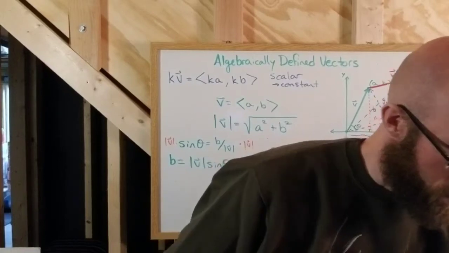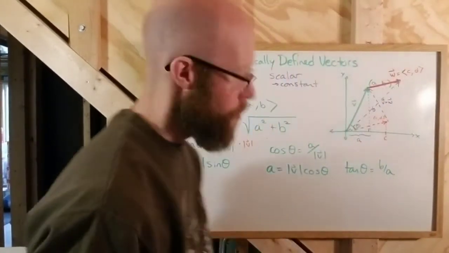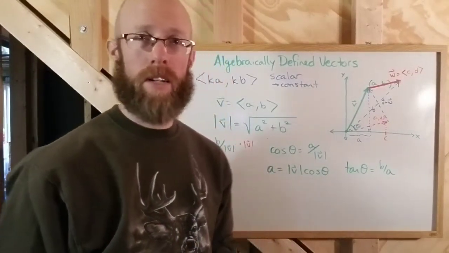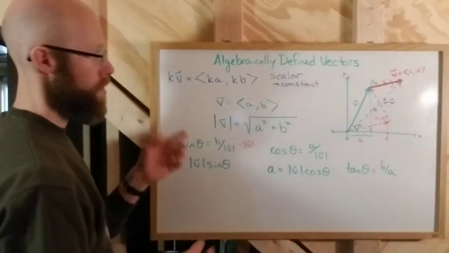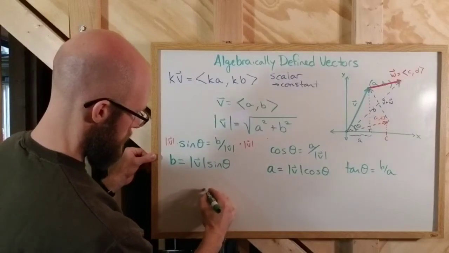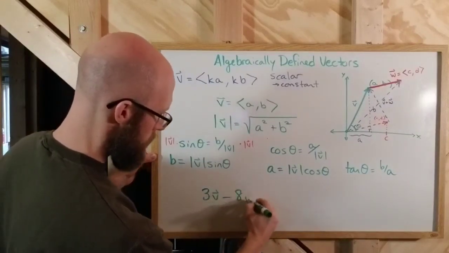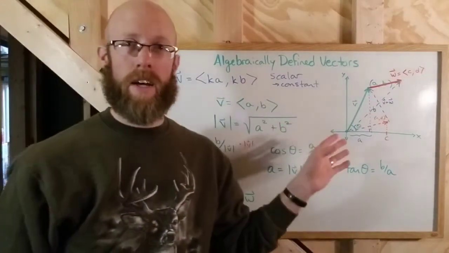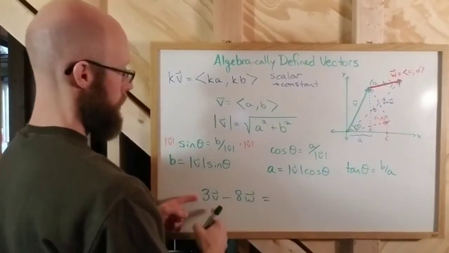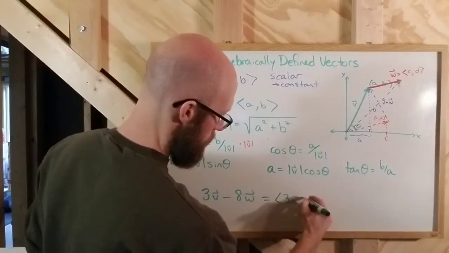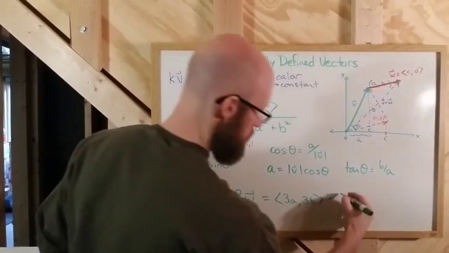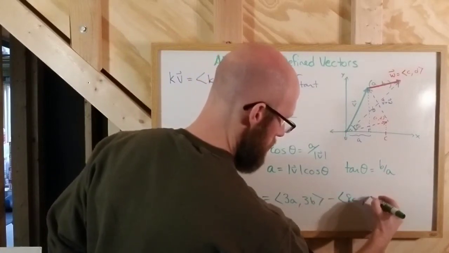In addition to those, we can really add and subtract any combination of vectors that we want. So here, the vectors v and w that I had before, if I wanted to find 3v minus 8w, I could find that vector just by combining my expressions here, or my components. So I'd have 3v, which is 3a, 3b, minus 8w, which would be 8c and 8d.